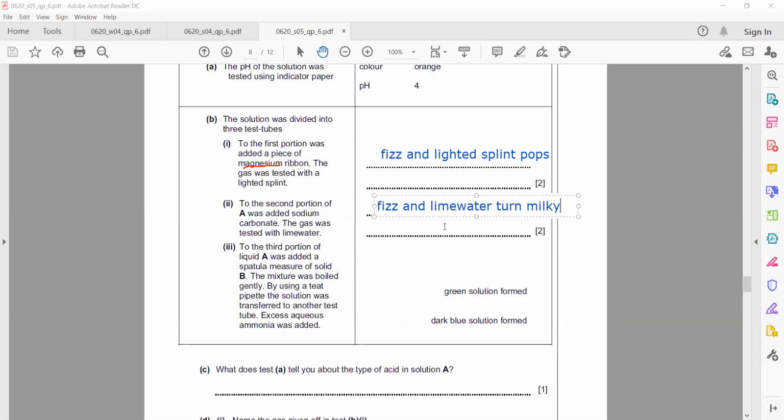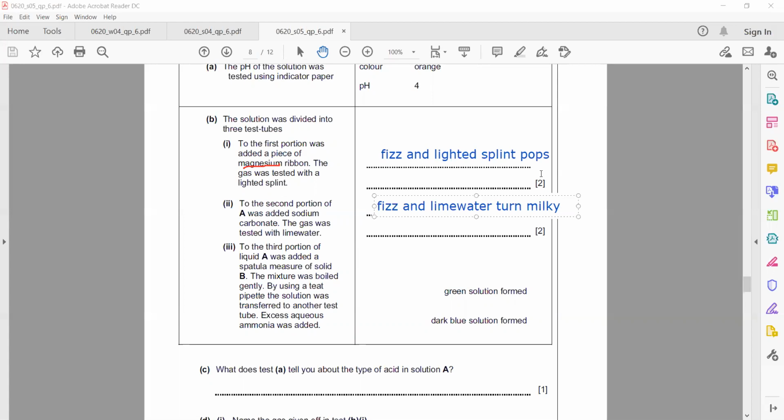To the third portion of liquid A was added a spatula of B. The mixture was boiled. By using a teat pipette or a dropper, in observation, you cannot write the name of the gas. You just mention what you will see. You cannot write like carbon dioxide or hydrogen gas is given off.